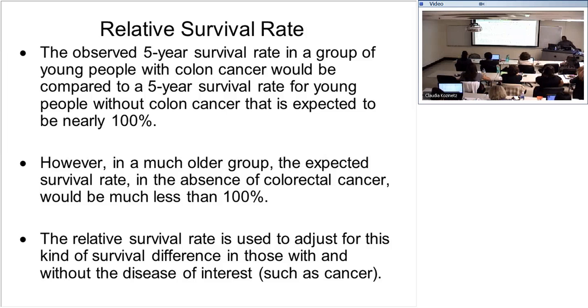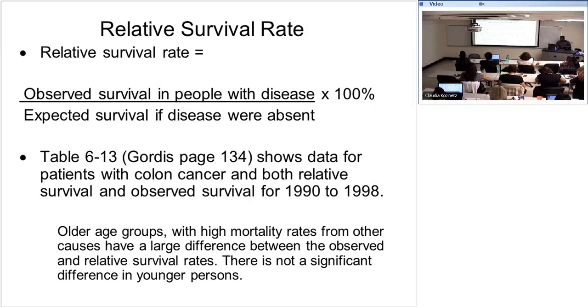So when we use the relative survival, we adjust for these differences in life expectancy, the expected death over the period. So that is the formula: you observe survival in people with the disease, then divide by the expected survival in those without, times 100.